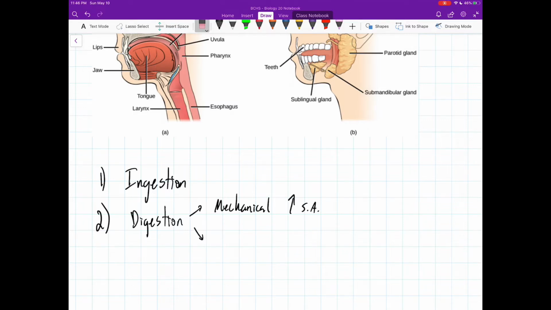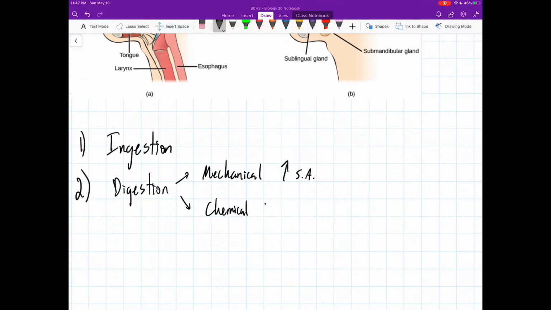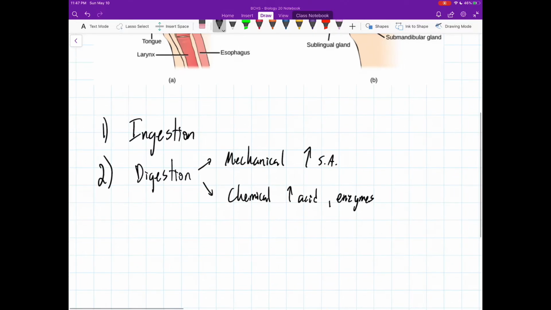That's the breaking of the bonds by enzymes. With chemical digestion, we usually think of things like acid. That's when the enzymes come in. So that's digestion, breaking things down. You can do it physically or you can do it chemically.